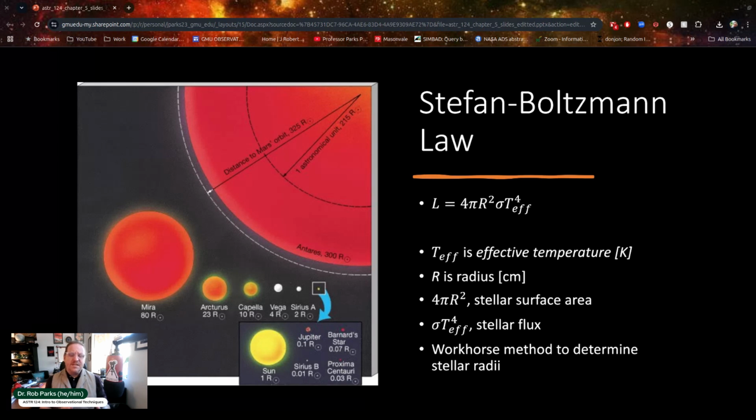And so this is one of the workhorse methods that astronomers use in order to determine stellar radii. Oh, I should take a step back and say that the Stefan-Boltzmann law is derived with the assumption that you are dealing with a spherical object, which for most stars is a reasonable assumption to make. There are exceptions, but for the most part, that is a reasonable assumption to make. At least it's a very good starting point.